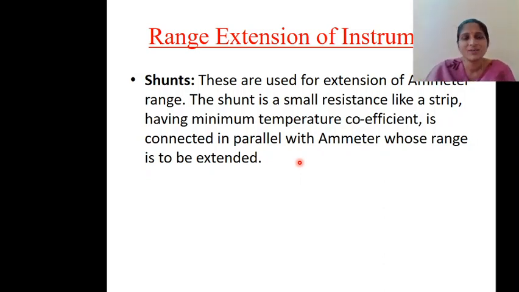As we all know, the resistance of an ammeter should always be less. In order to reduce that resistance further, you can place another resistance in parallel to it. If you place a low resistance in parallel to the present resistance, then the total resistance will be reduced.